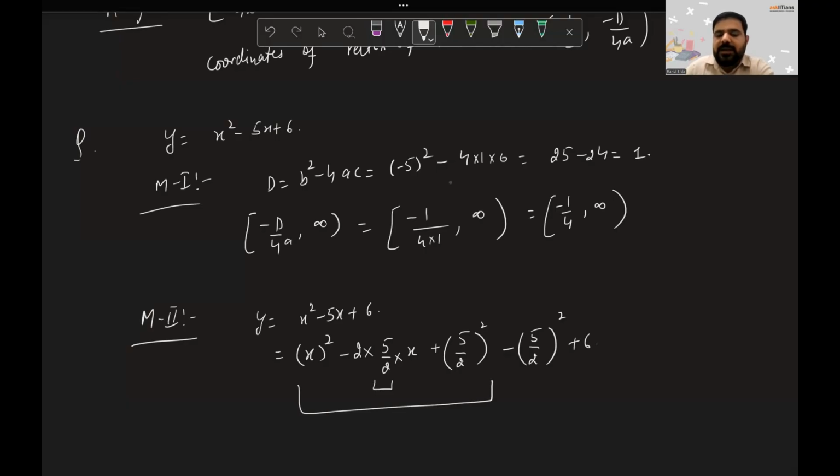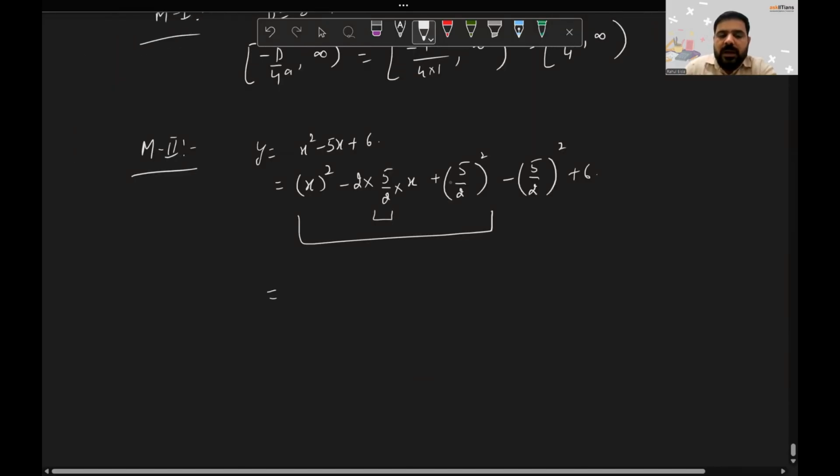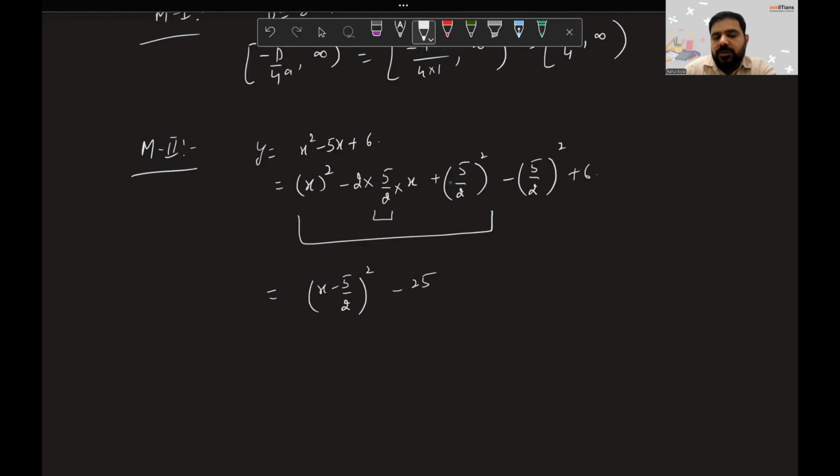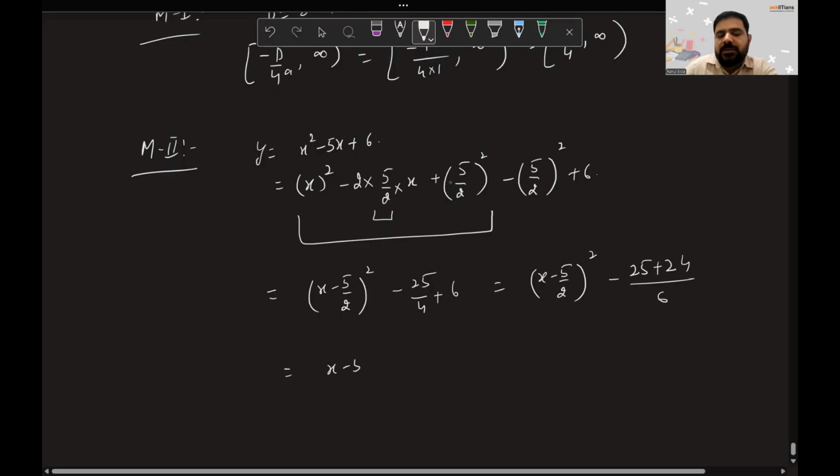So this will be x minus 5 by 2 whole square, and this quantity is going to be minus 25 by 4 plus 6. This will be x minus 5 by 2 whole square minus 25 plus 24 by 4. So this will be x minus 5 by 2 whole square minus 1 by 4.